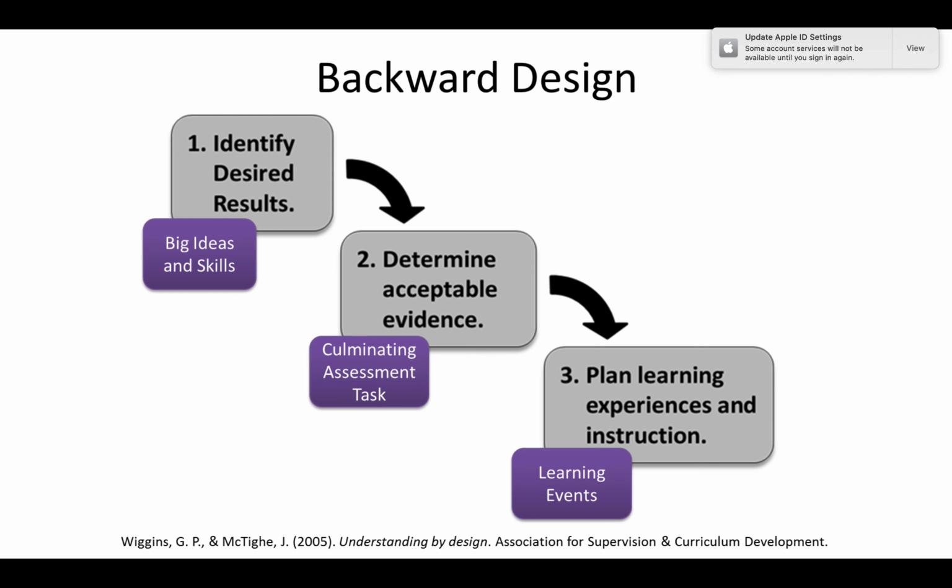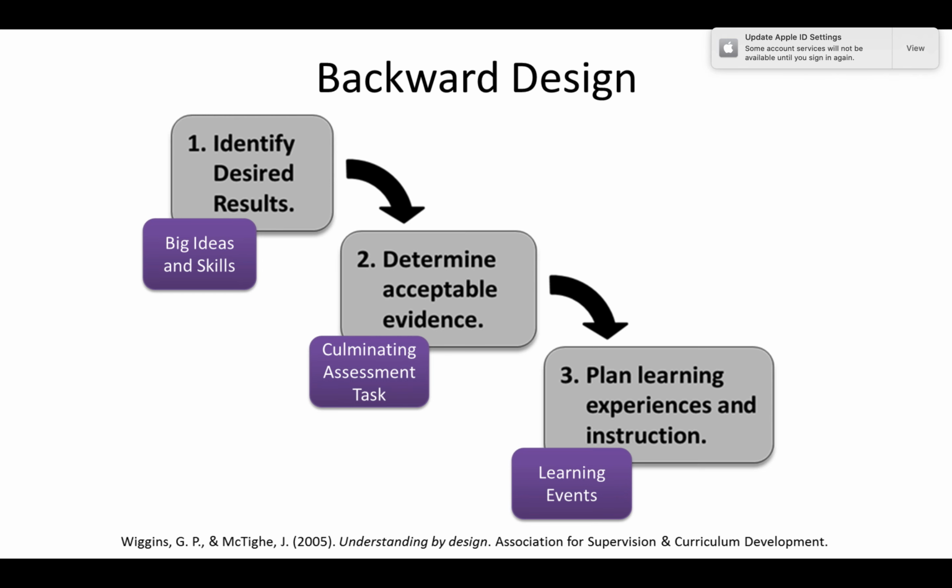All of these big critical thinking. So it can be big and huge, or it can be a very basic skill, like, I really want them to know how to use a comma.